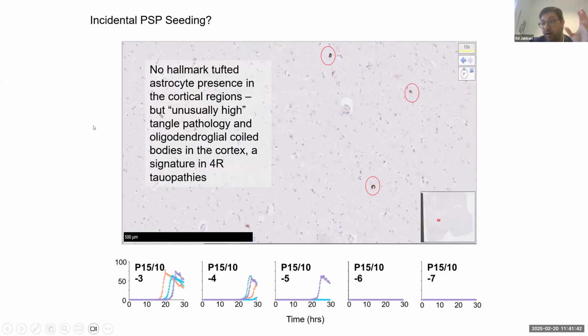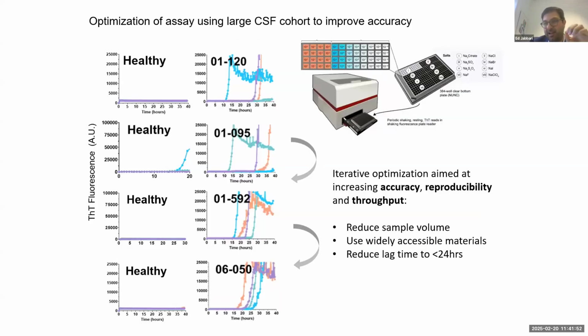But of course, the holy grail where we need to get to is the use of these assays in living CSF samples, spinal fluid samples from PSP patients. And that's exactly what we're working on at the moment, the optimization of these assays to be able to apply them to living samples from living PSP patients that allows us to diagnose the condition in the very earliest stage of the condition.